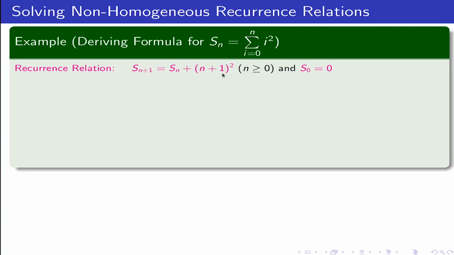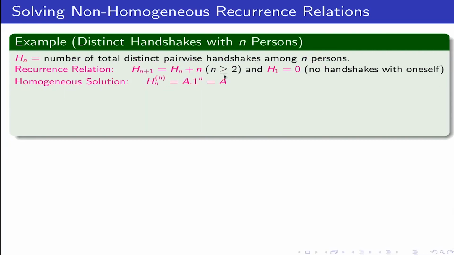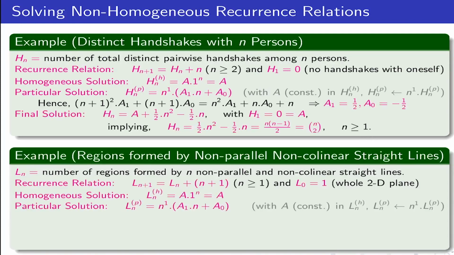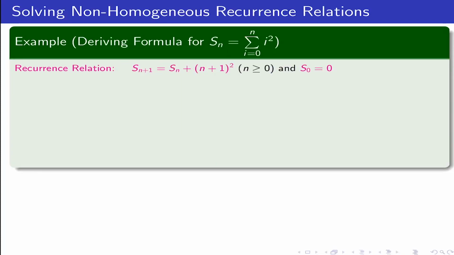Now when that is the case, let us just go back and see it. For each time, I will try to have this addition going. So for n square plus n plus something, I will have a1 n square plus a2 n plus a3 in the particular solution.